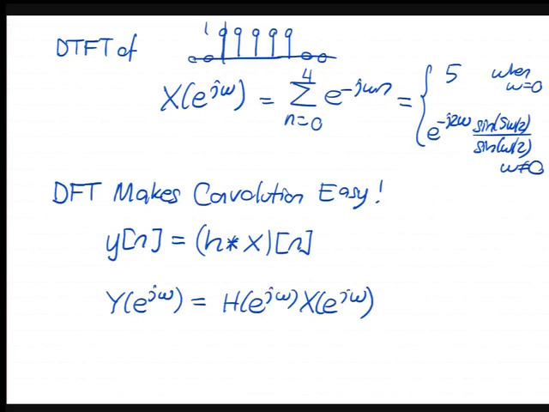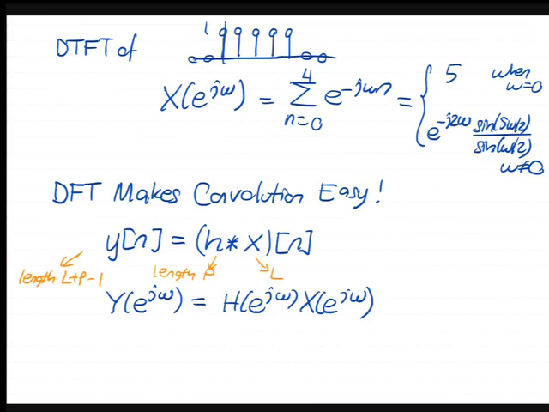So let's say x is length, trying to be consistent with my notes, length L. And h is length P. What is the duration of their convolution? I asked you this question at the beginning. You said L plus P minus 1, correct?